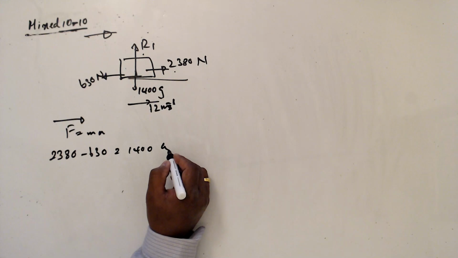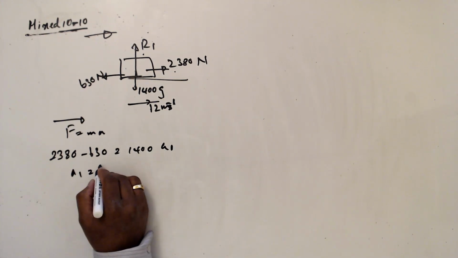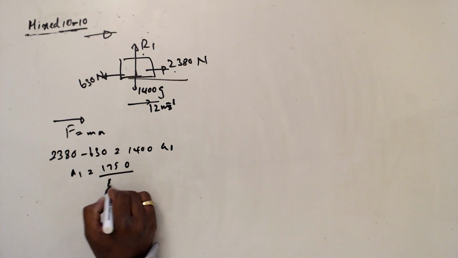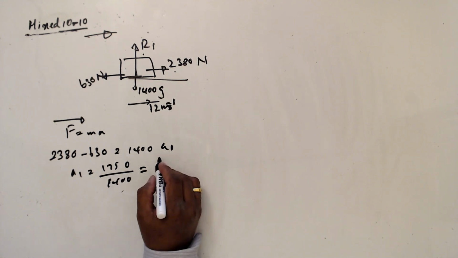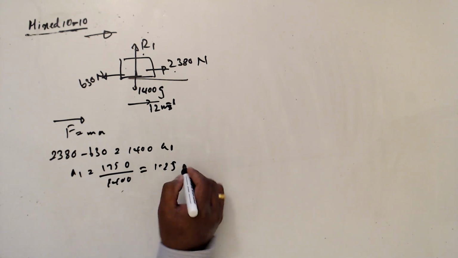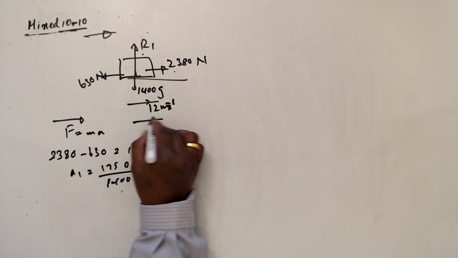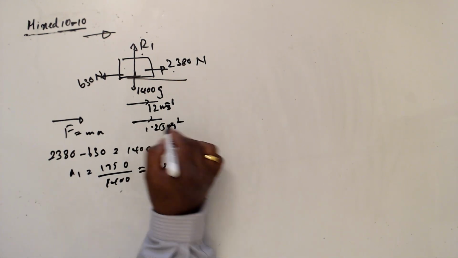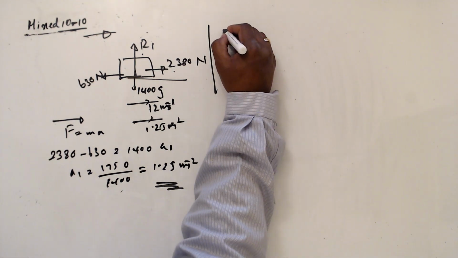So, if you want, you can call it a1. So a1 equals 1750 divided by 1400. So this is going to be 1.25 m/s².